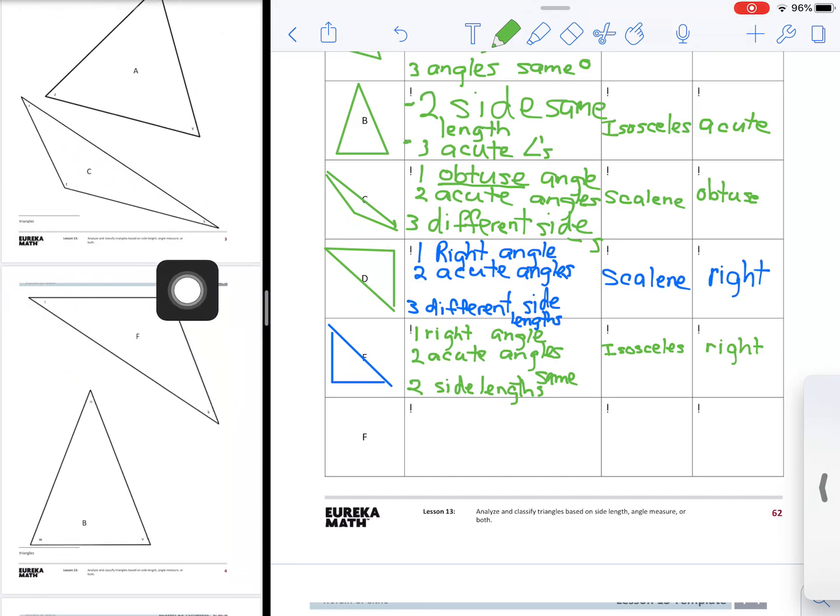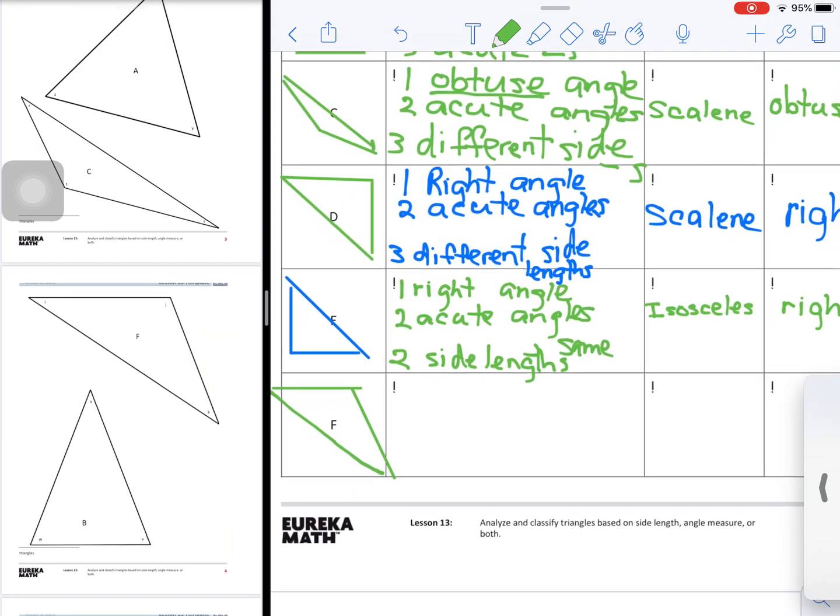Take a look at this one, F. Again, we're looking at 2 side lengths about the same, but it is an obtuse angle, isn't it? Let's try to draw that. And I am way off. Okay, but again, it's just a sketch.